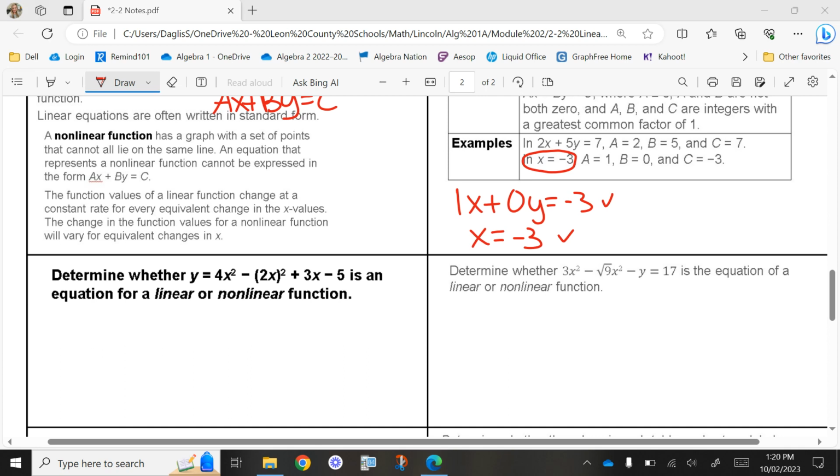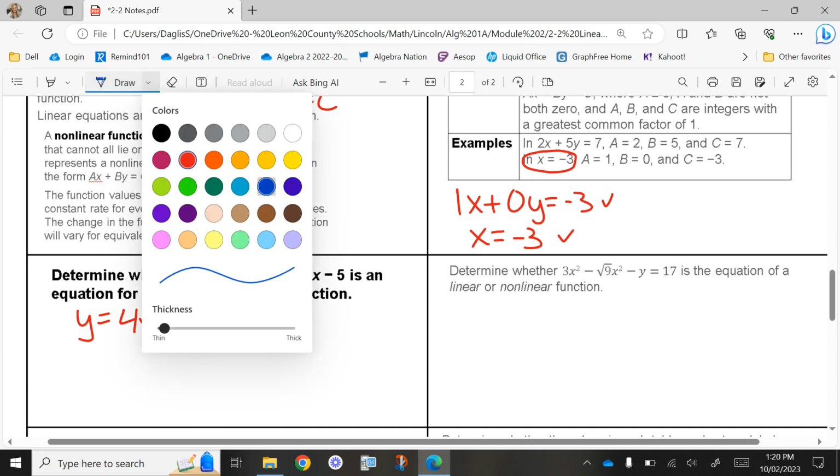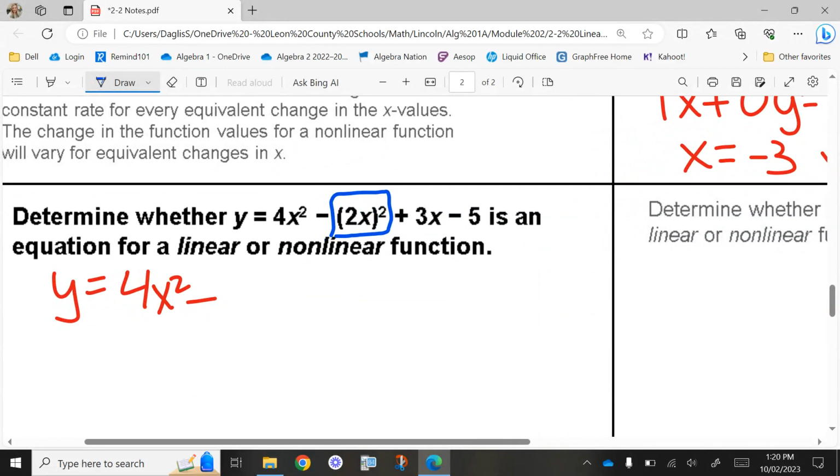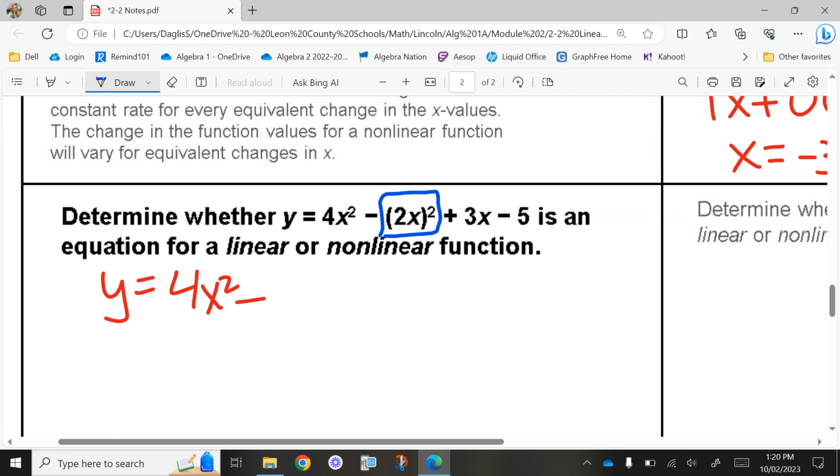So this ends up being y equals 4x squared minus, and I'm going to zoom in on this piece right here. Both of those pieces get squared. So what is 2 squared? 4, and x squared is just x squared.